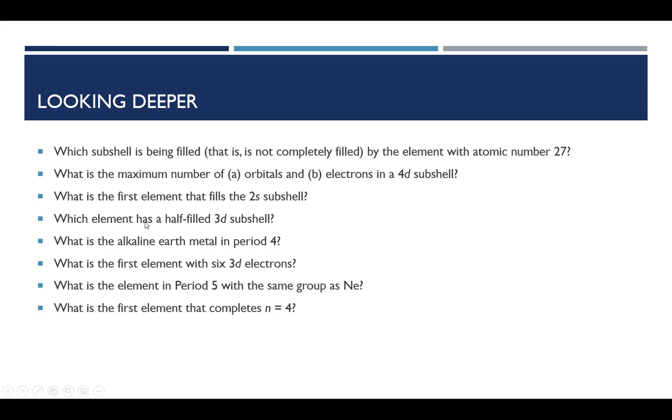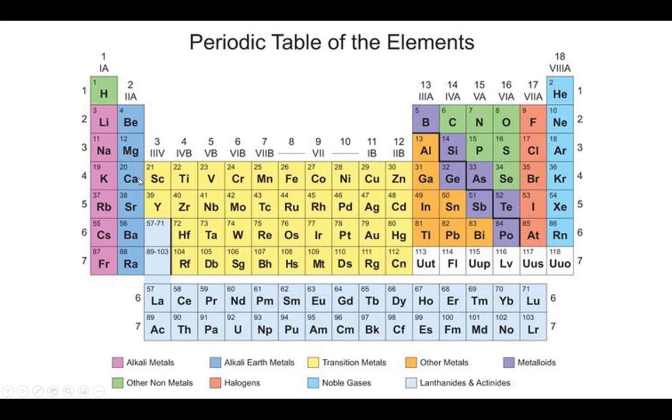Which element has a half-filled 3D subshell? Half-filled. Well, filled would be how many electrons? Well, we already answered a moment ago that 10 electrons would be in a D subshell. So half-filled would be 5 electrons. So 3D with 5 electrons, 3d5 would be 1, 2, 3, 4, 5.